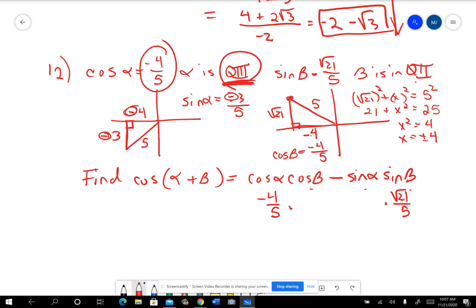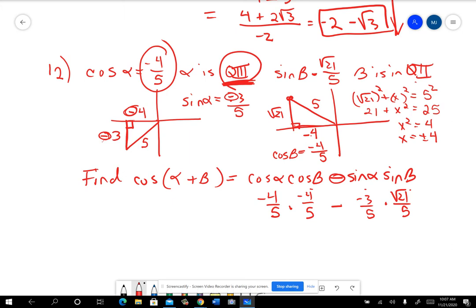So now I'm going to put all that information into the formula. So cosine beta is -4/5 also. Sine alpha is -3/5. And the formula has a minus there. Be real careful about all these formulas.